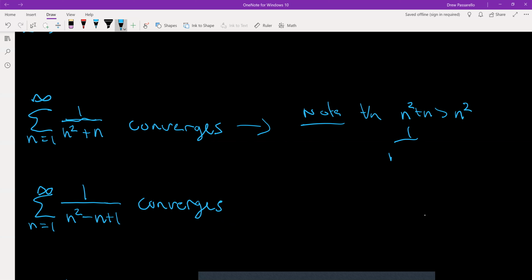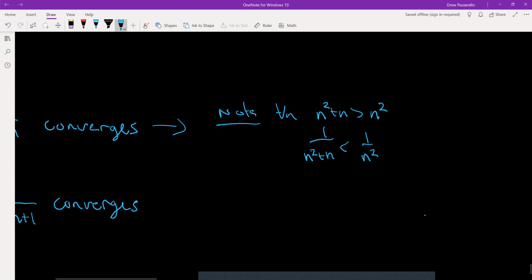So 1 over n squared plus n is less than 1 over n squared. And these are natural numbers, so then we have that between 0 and the series 1 over n squared, n equals 1 to infinity, that converges since it's a p series with p equal to 2.